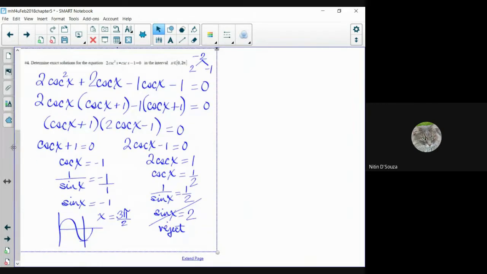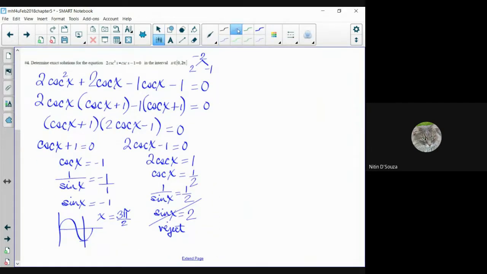The other way is to look at this equation and recognize that it's a quadratic with coefficients 2, 1, and -1.